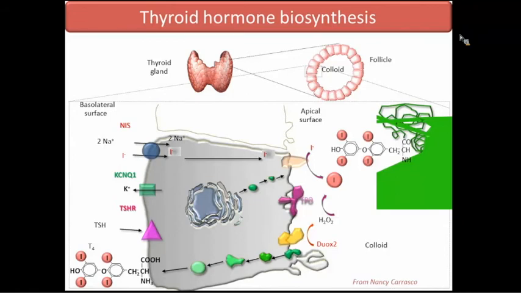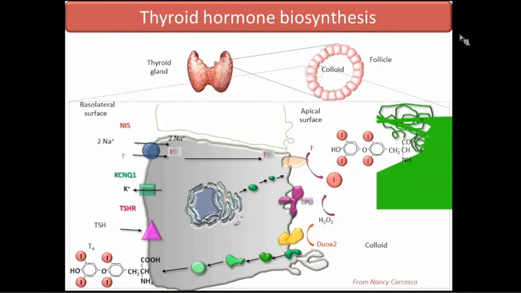If you look at what we know in terms of the overall thyroid hormone biosynthetic pathway, in the basolateral surface you have the sodium iodide symporter, which incorporates iodine. This needs to be organified to be incorporated into tyrosine residues of thyroglobulin.